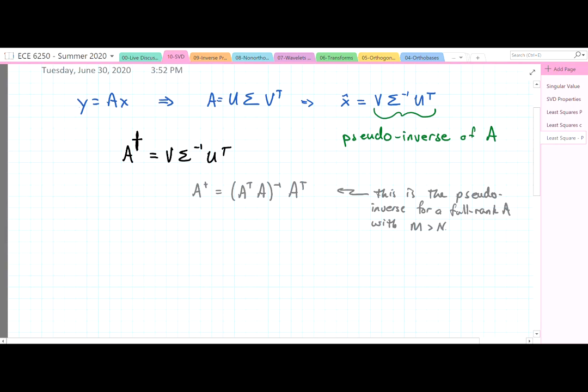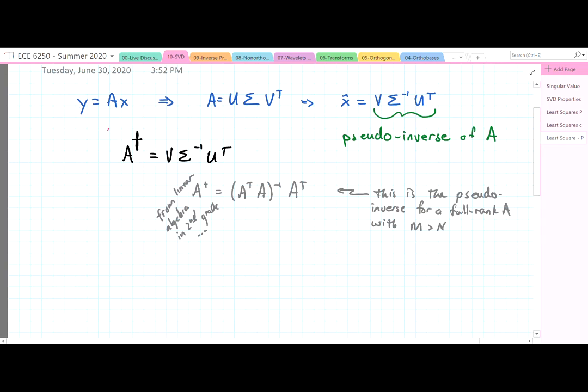So there are various forms that you can use, but this is near what you saw in linear algebra in second grade or whenever it was. You have something like that.